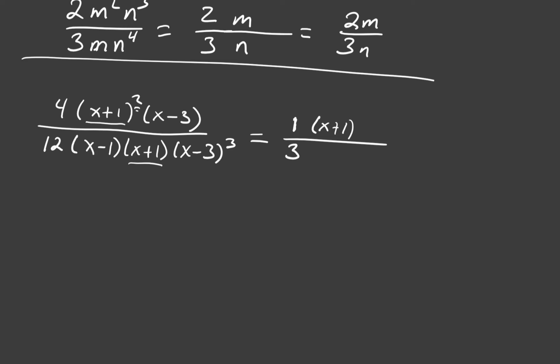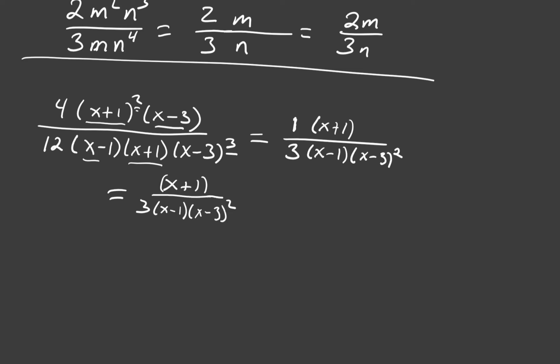I still have this x minus 1 hanging around, so I'll put that in first because in the problem it shows up first. That leaves me with an x minus 3 squared down there. There were 3 of them, 1 canceled, so there are only 2 left. So this simplifies to x plus 1 on top, and 3 times x minus 1 times x minus 3 squared on the bottom. And that's the simplified form.